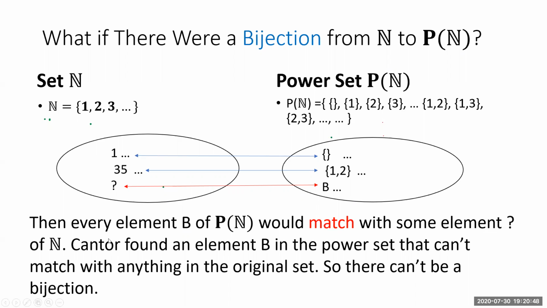And what Cantor did was he found an element of the power set, a set of natural numbers, B, that cannot possibly match up with anything. And so there cannot be a bijection. So the natural numbers versus the power set of the natural numbers have different cardinality.